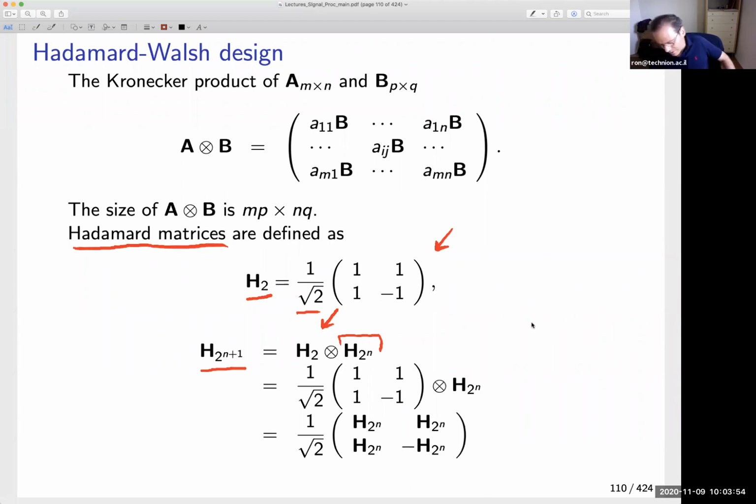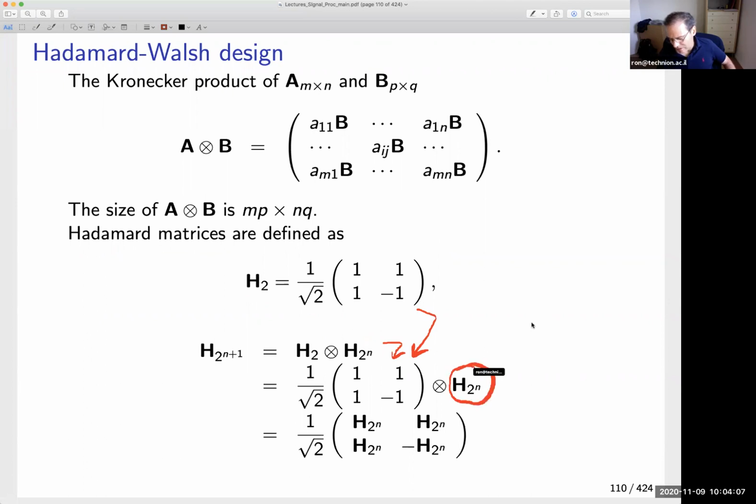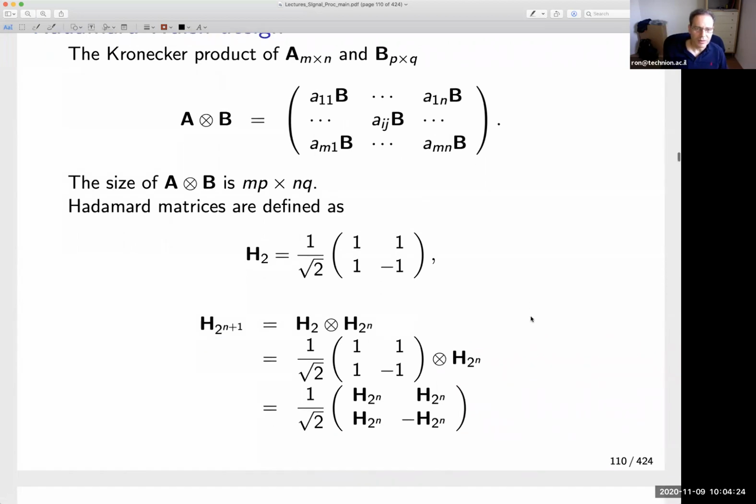Or 2 to 4 for that argument. So this is writing this guy explicitly. I'm just plugging in the 2 by 2 matrix with the Hadamard product of that matrix, which I don't know yet how it would look like. And this is how the Hadamard matrix of size 2 to the power of n plus 1 would look like. Now let's give some concrete examples, okay, of how they would look like.